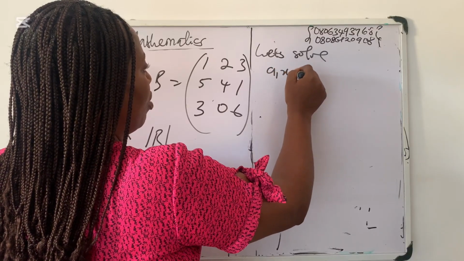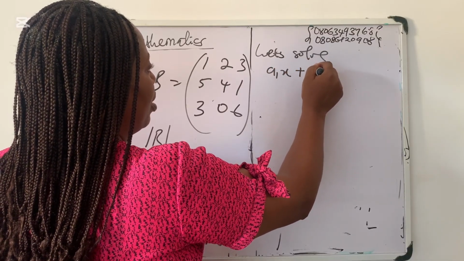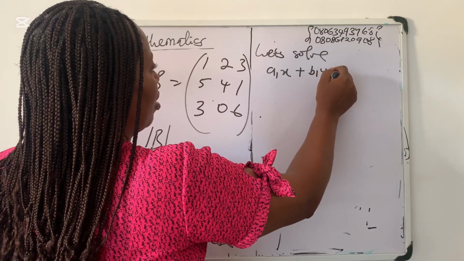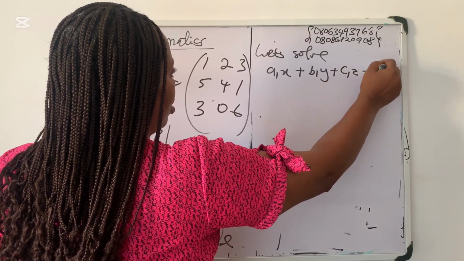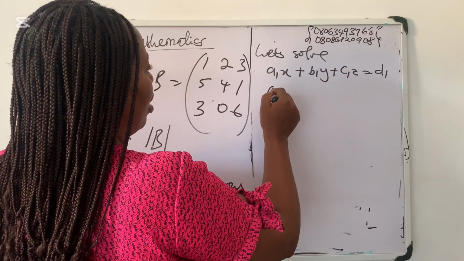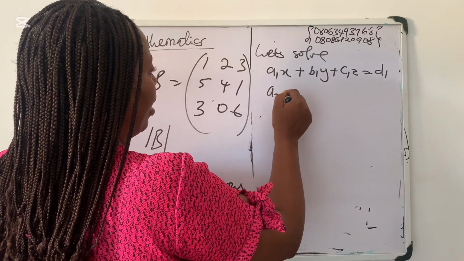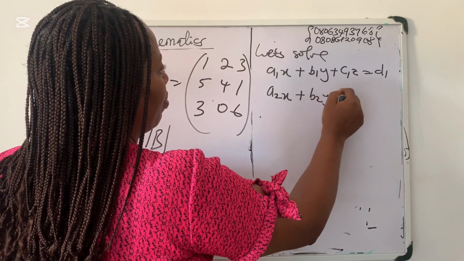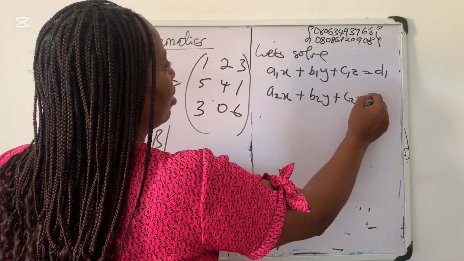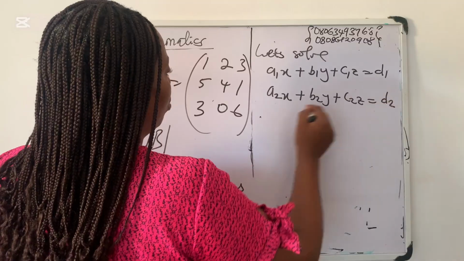Now, let's solve A1x plus B1y plus C1z equal to D1. Now, A2x plus B2y plus C2z equal to D2.